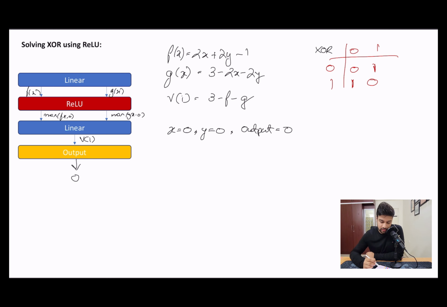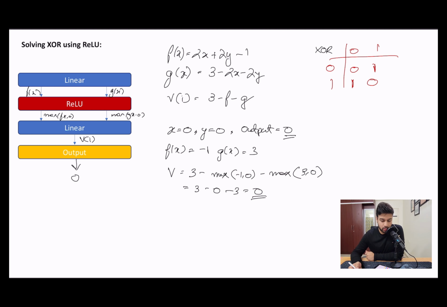Let's start the calculation. f(x) in this case is -1, g(x) in this case is 3, and then v is 3 - max(-1, 0) - max(3, 0). So 3 - max(-1, 0) is 3 - 0, minus max(3, 0), which is 3, giving 0. So this is what we wanted as the output.